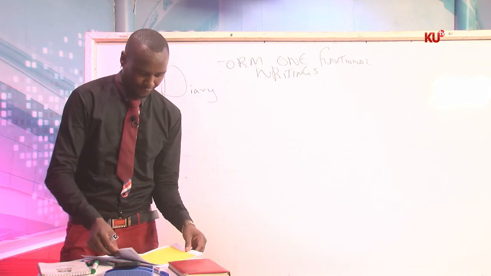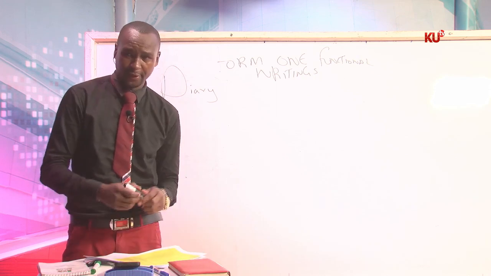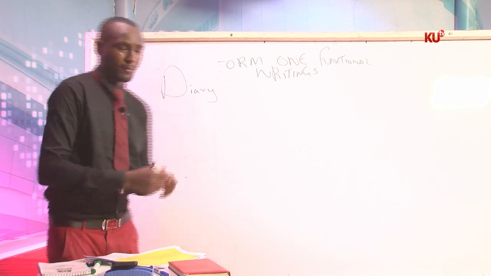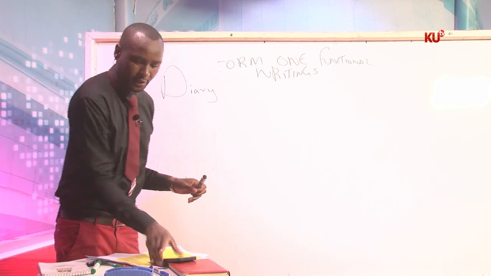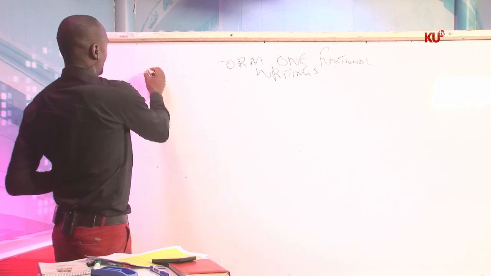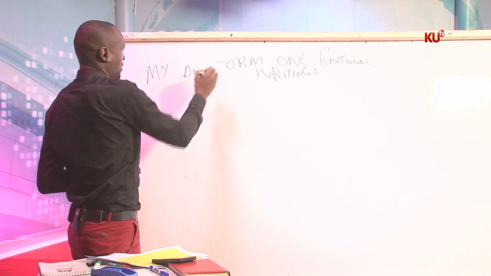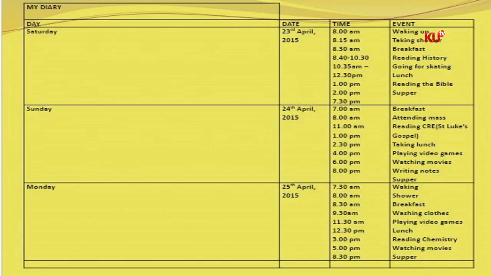And there is a sample diary there. In my diary, you always start by writing "My diary," and then you record the events, the day, and then the date, as you can see on the slides.